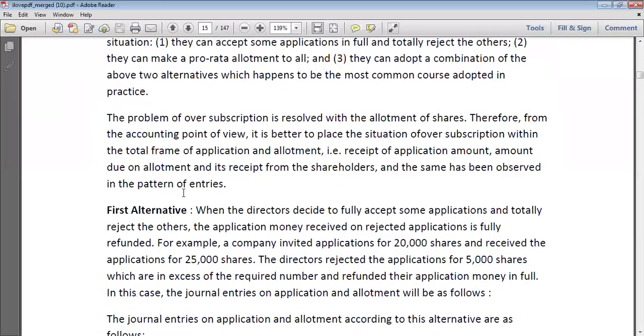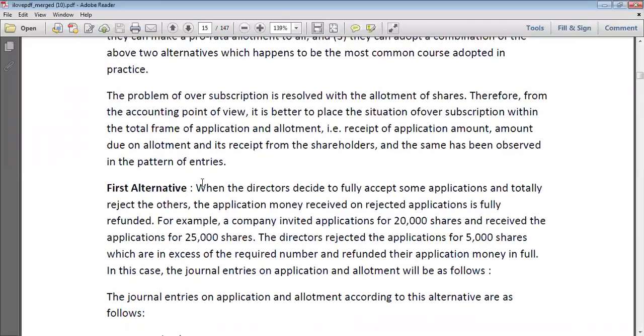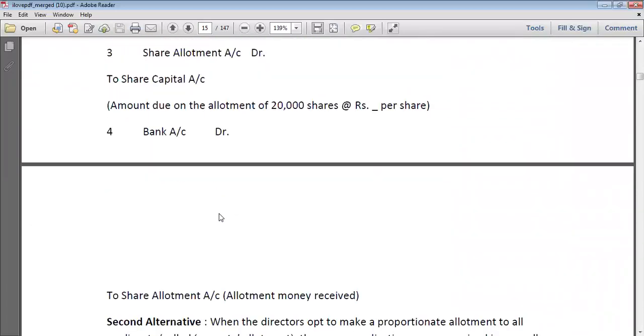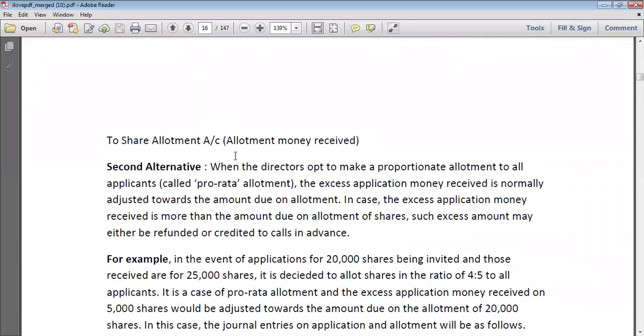Okay. So in the first alternative, we have already discussed in the previous example that we issued 12,000 shares and received applications for 13,000 shares, and 1,000 shares money is rejected. 1,000 applications are rejected and application money is returned. Now see what pro rata is. When the director opts to make a proportional allotment to all applicants, it is called pro rata.